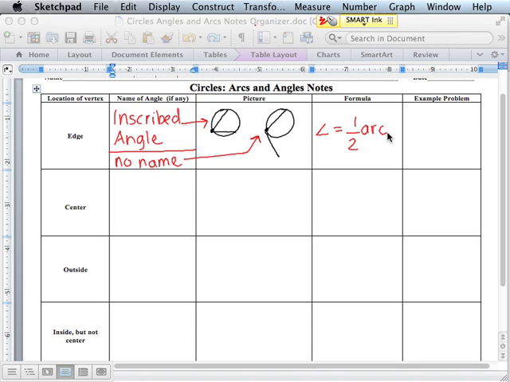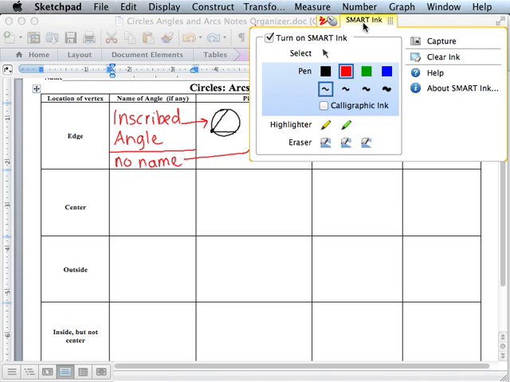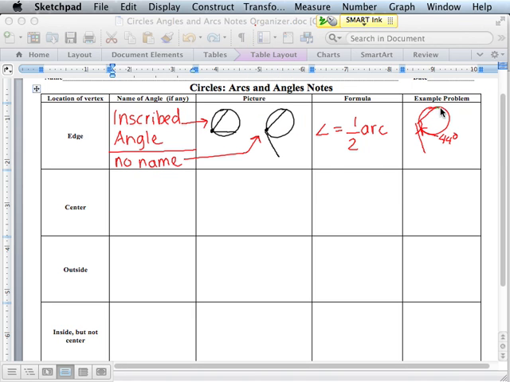And an example problem. So let's say I have this circle here. Let's say this angle is 44 degrees. What's the measure of its intercepted arc, which would be this one?